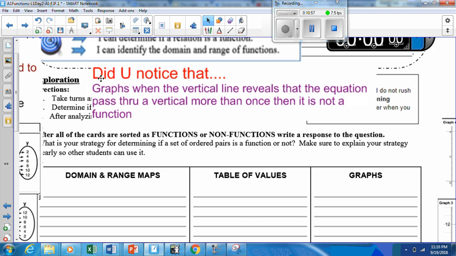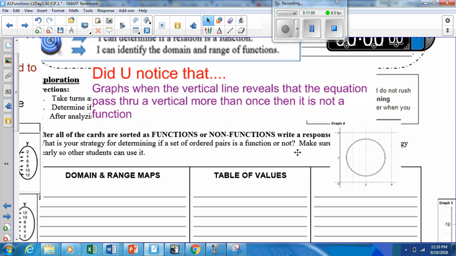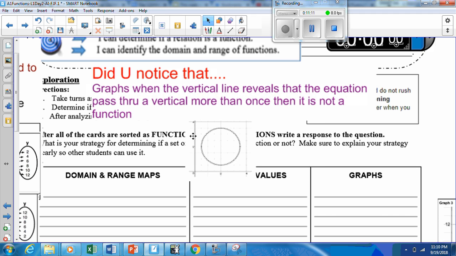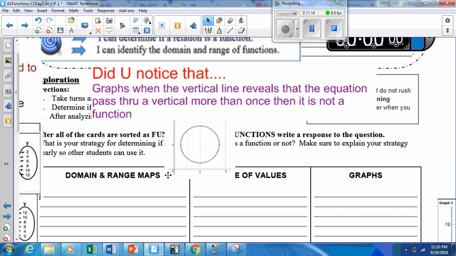Then it's not a function. Well, a picture's worth 1,000 words, I always say. All right, here's my first example of a non-function. Okay, and this is another example of a non-function.